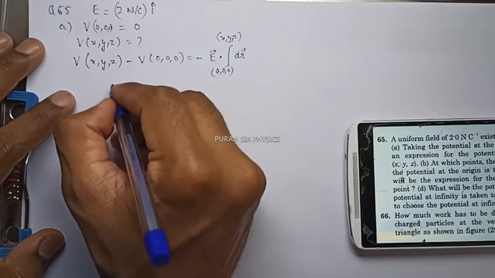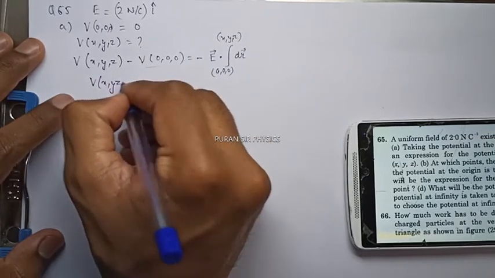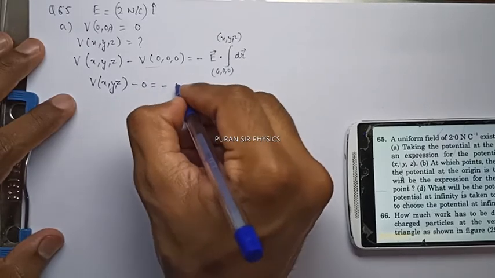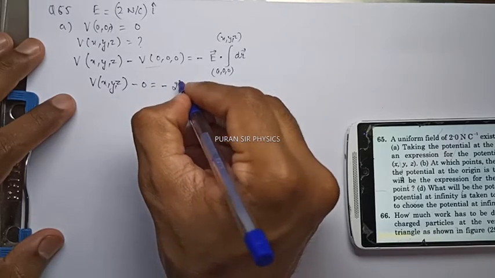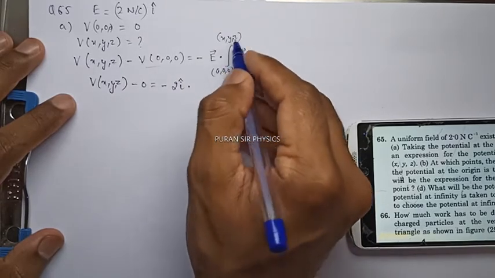So v x, y, z minus 0 will be minus 2 I cap dot dr. So this is the position vector.